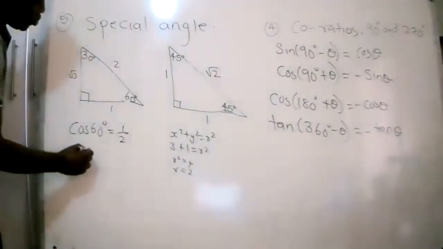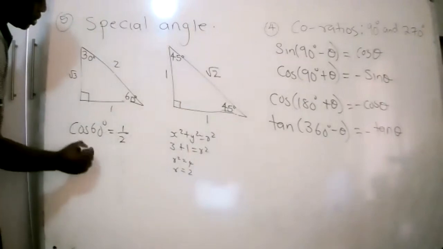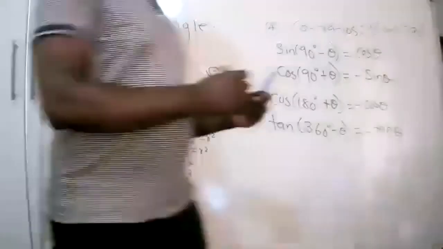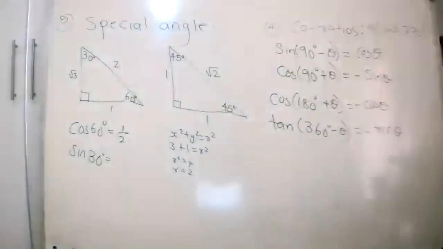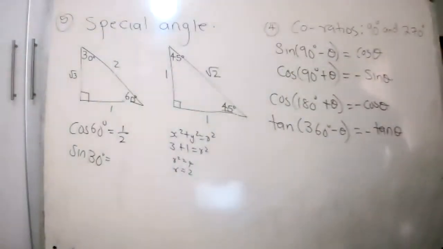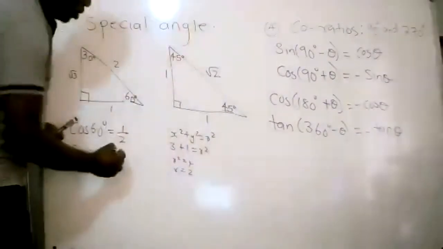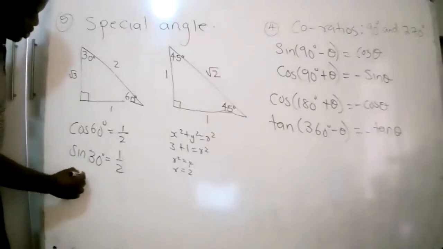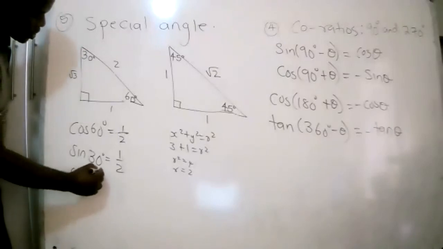So now let's do sine 30 degrees. Can anyone tell me the value of sine 30 degrees? It'll be 1 over 2. I'm very happy that you are able to read this diagram.